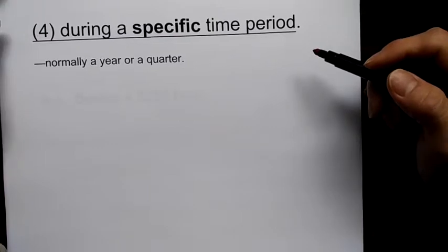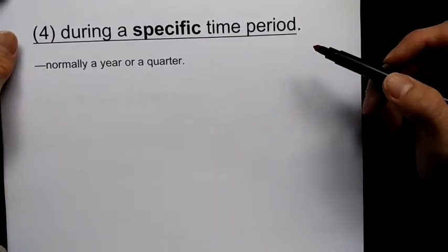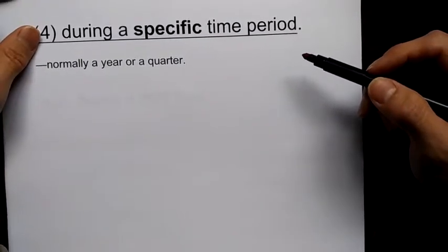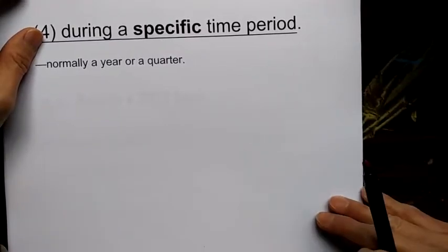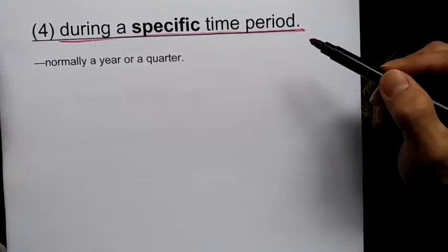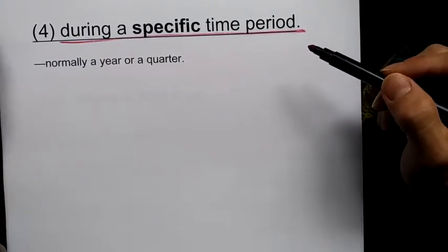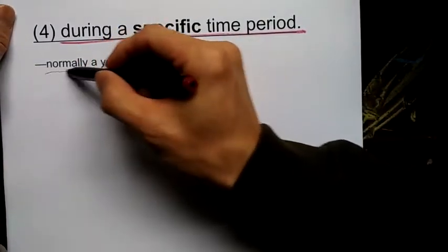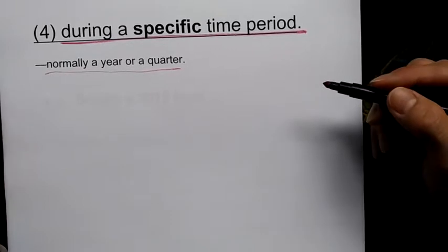Finally, the fourth key point of the definition of nominal GDP is it must be during a specific time period. Usually it's a year or a quarter.